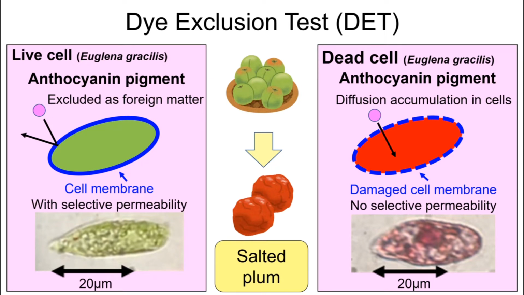The photo shows a living green alga, Euglena. On the other hand, dead cells have damaged cell membranes. The pigment invades the cell and binds to intracellular structures, which stain the cell.